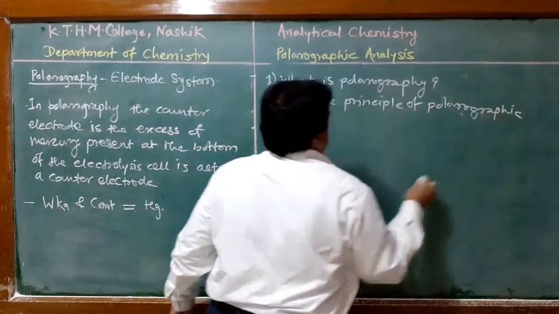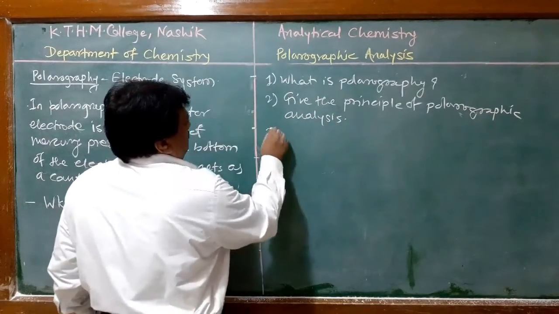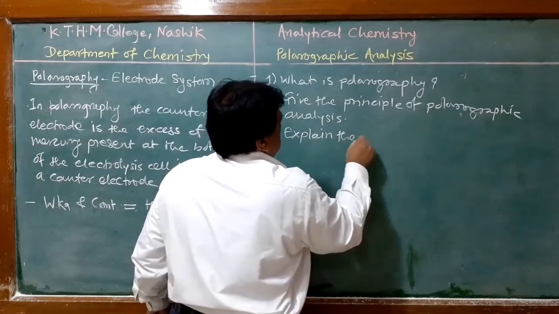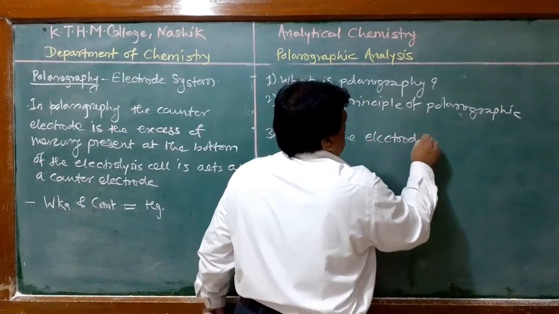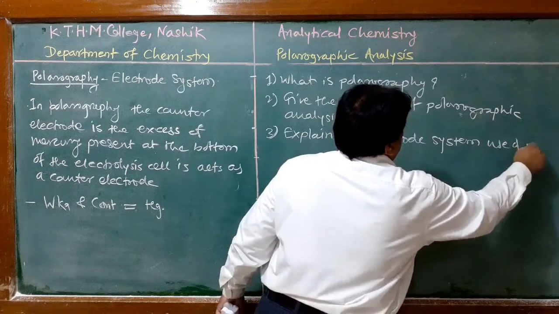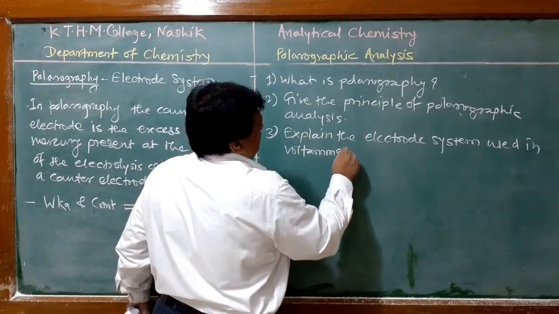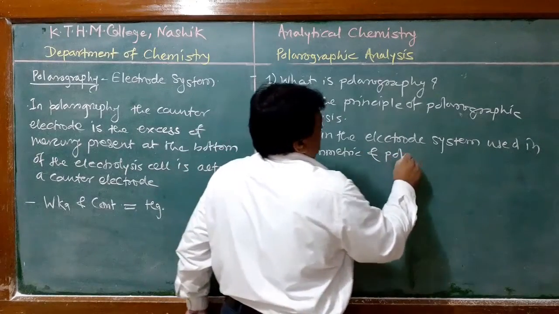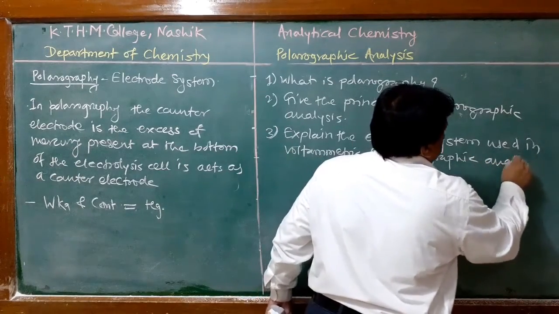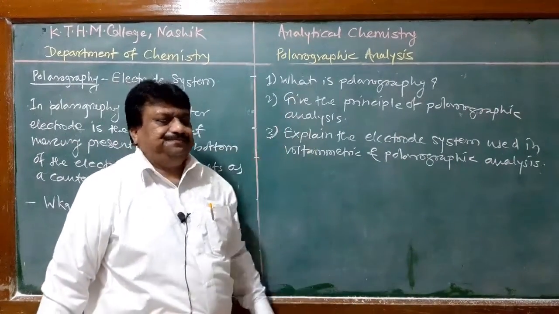Third, explain the electrode system used in voltammetric and polarographic analysis. This is the home assignment.